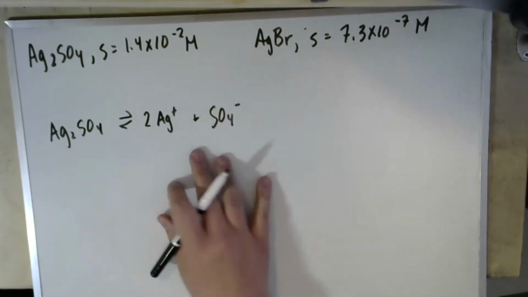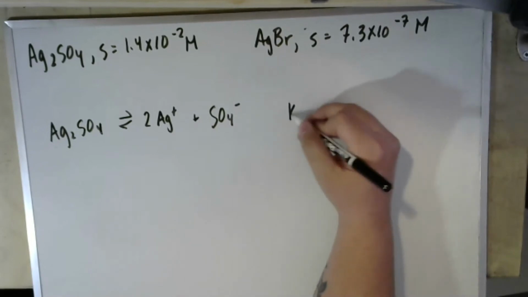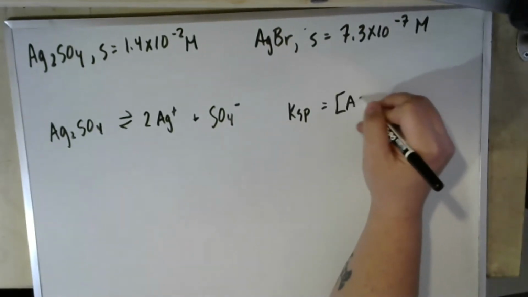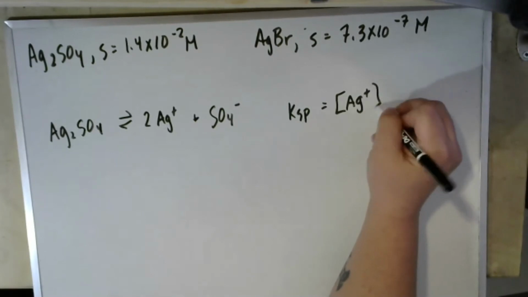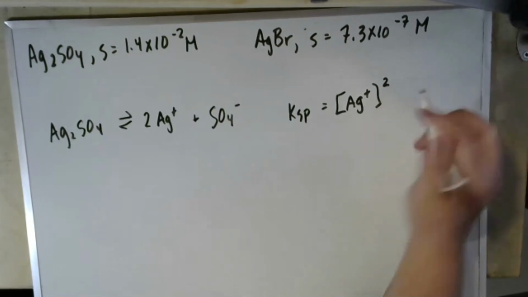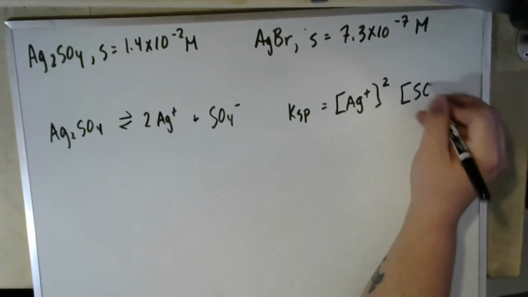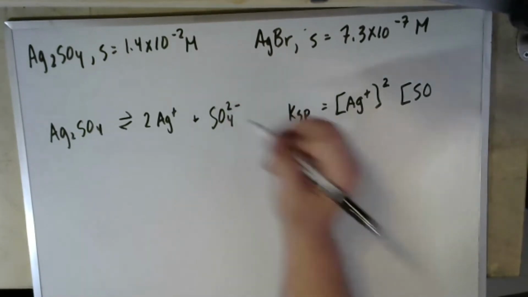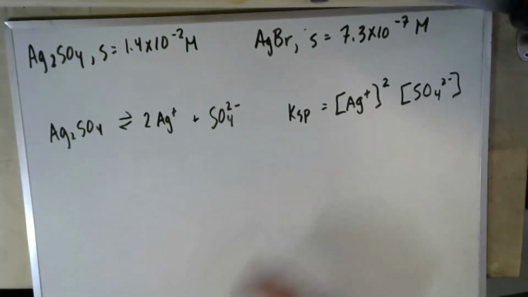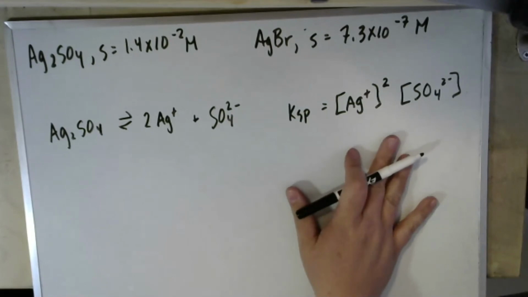Okay, and we can write our KSP expression from this. We have Ag plus squared because there's 2 of them. Oh, that's a 2 minus. Okay, so that's going to be our KSP expression.